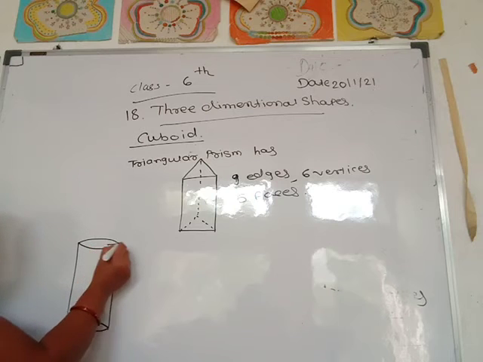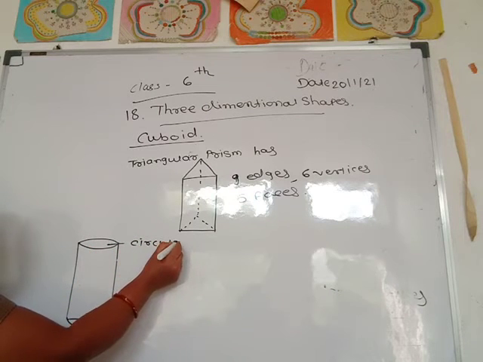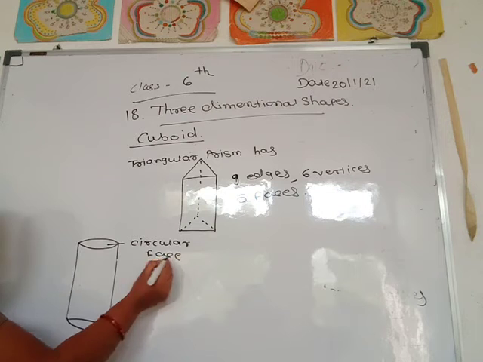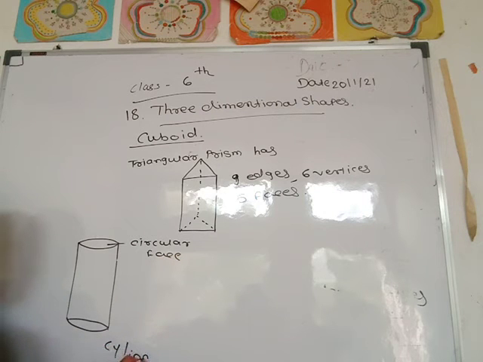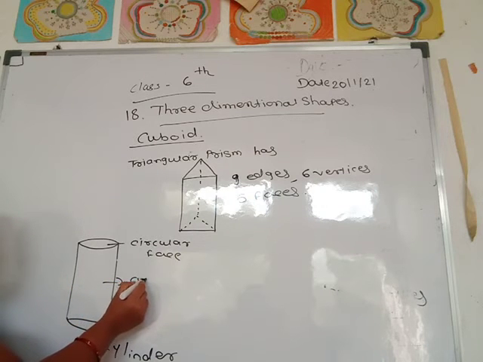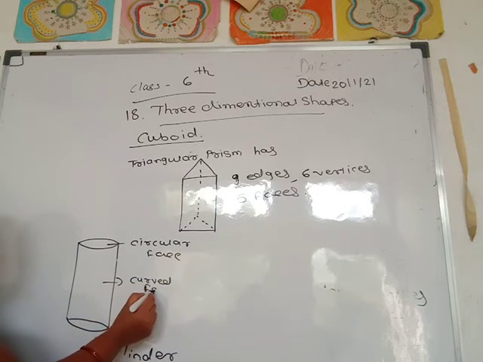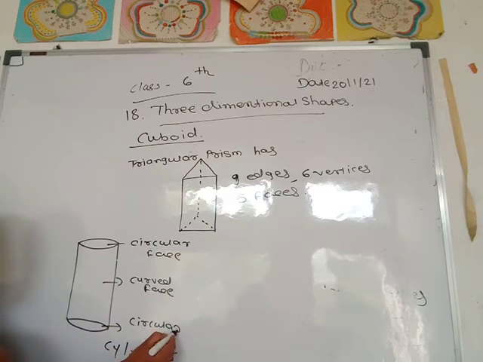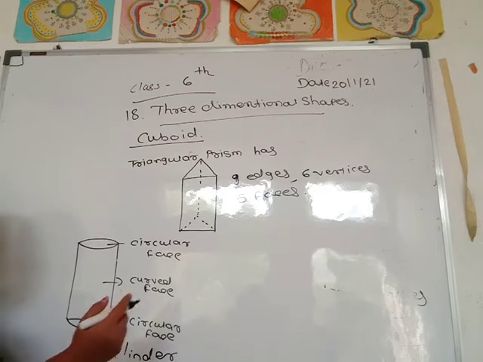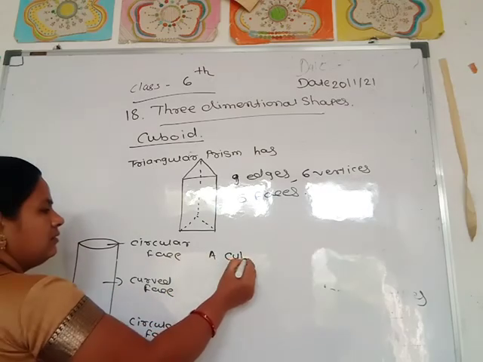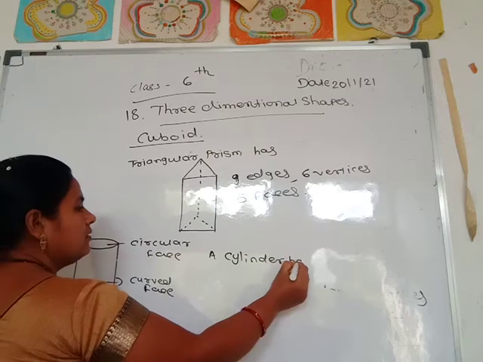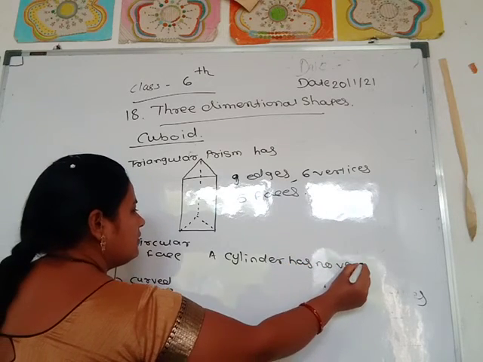Cylinder. The circular face. Then the curved face. This is also a circular face. A cylinder has no vertex.